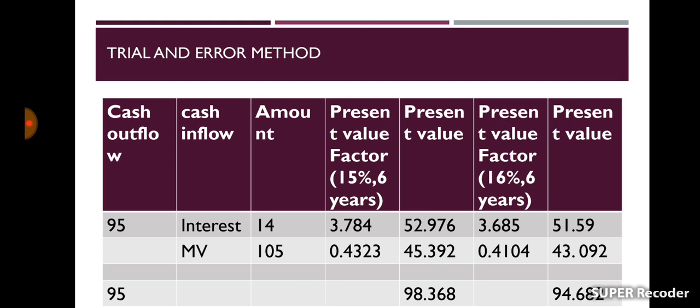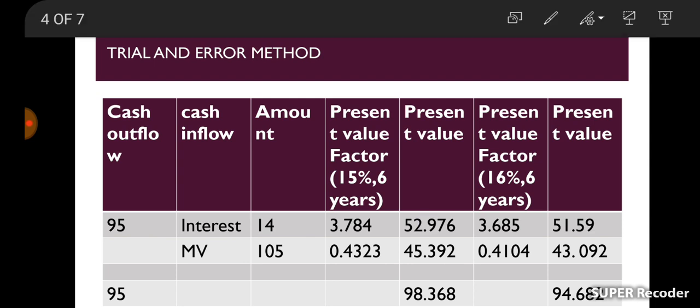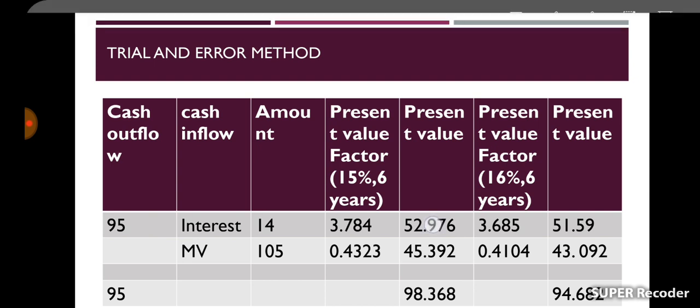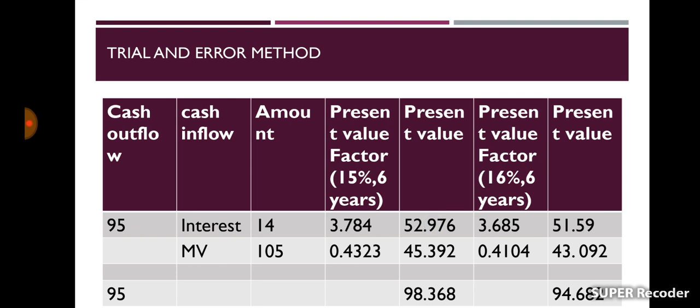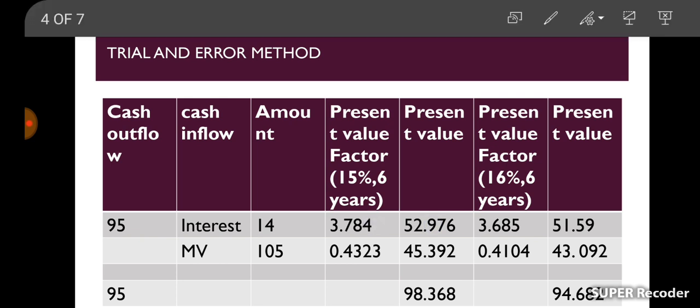Then we get the present value of ₹14 as 52.976. We are getting 14 rupees each for 6 years, that's why the present value of the whole amount is written here as 52.976, and we have multiplied 14 with the present value annuity factor at 15% for 6 years.